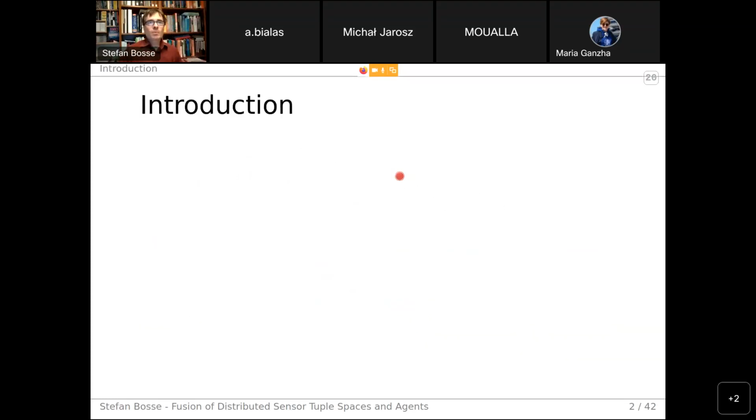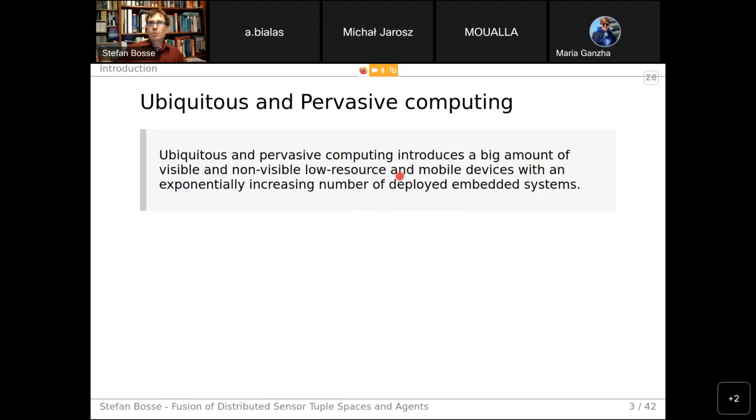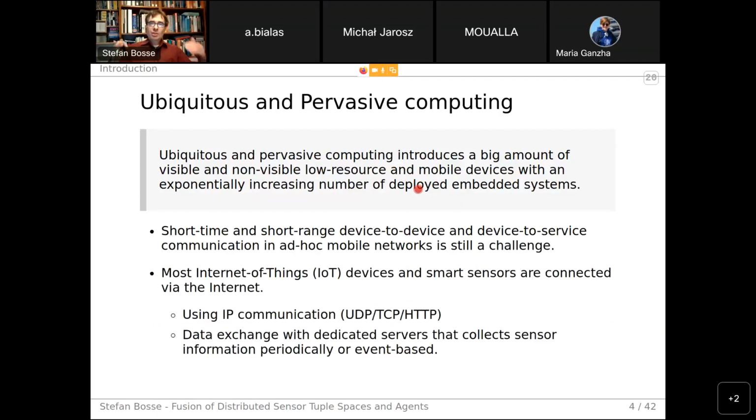So, start with an introduction. Ubiquitous and pervasive computing introduces a big amount of visible and non-visible low resource and mobile devices like smartphones, for example, with an exponentially increasing number of deployed embedded systems. So short time and short range device-to-device and device-to-service communication in such kind of ad hoc mobile networks is still a challenge.